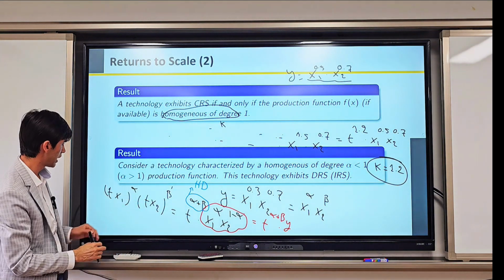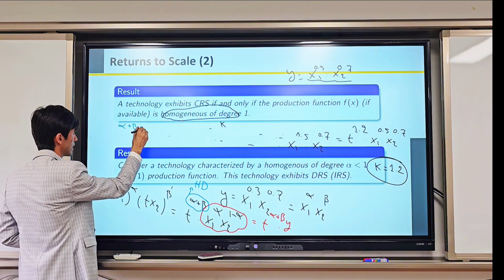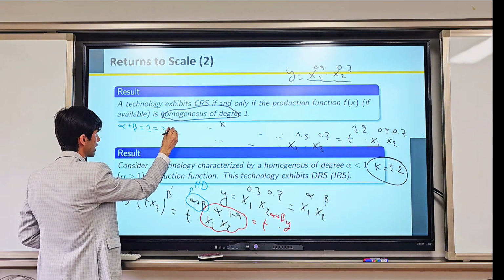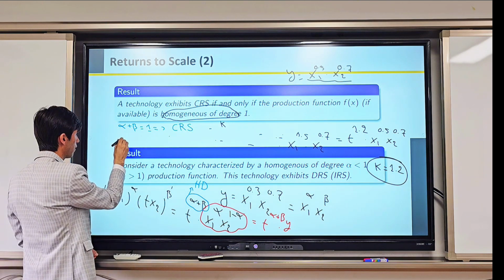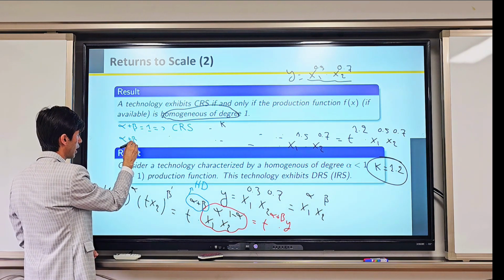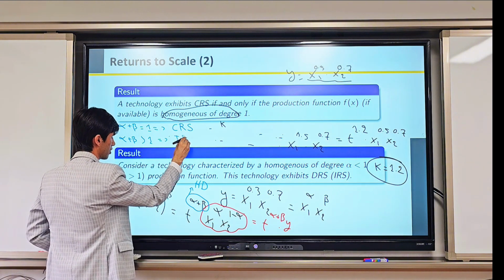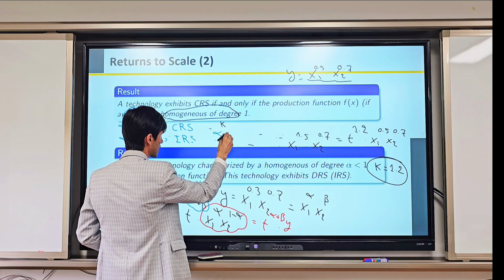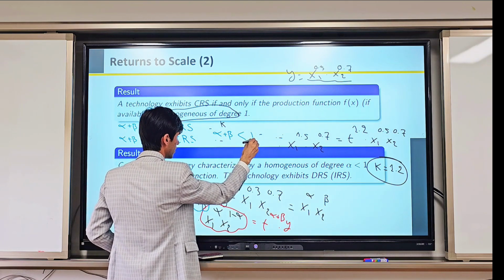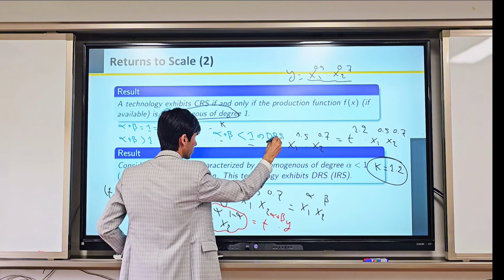As we know from the definition, when alpha plus beta is equal to 1, it's constant return to scale. If alpha plus beta is greater than 1, it's increasing return to scale. If alpha plus beta is less than 1, it's decreasing return to scale.